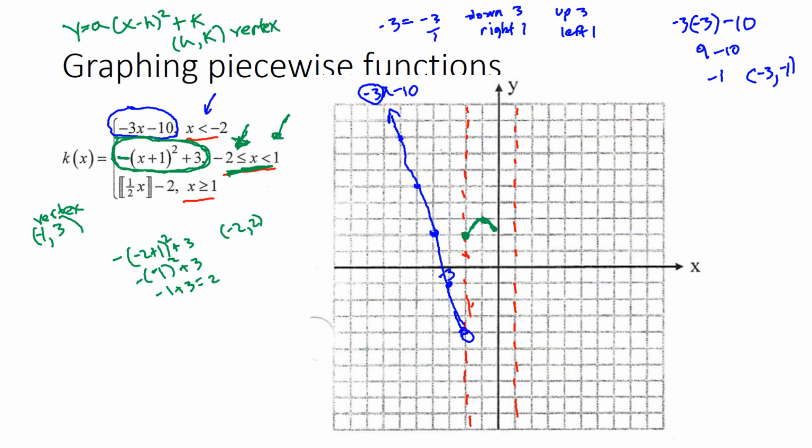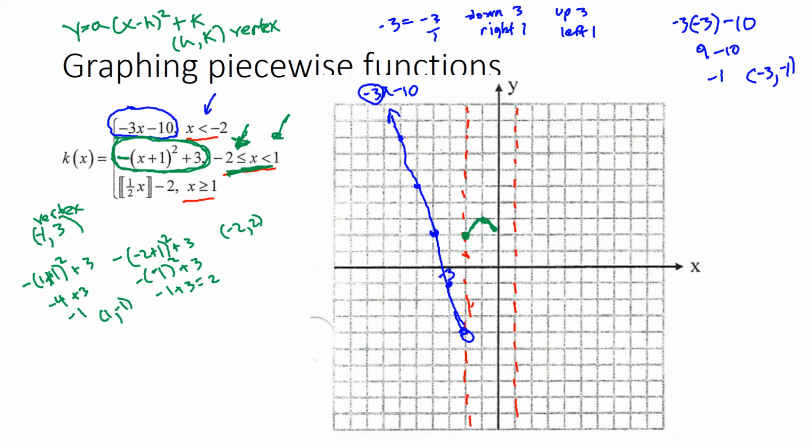So if we input 1, we have the negative of 1 plus 1 squared plus 3. 1 plus 1 is 2. 2 squared is 4. So we're going to have -4 plus 3. This is equal to -1. So for our output, in other words, if we input 1, we're going to output -1.